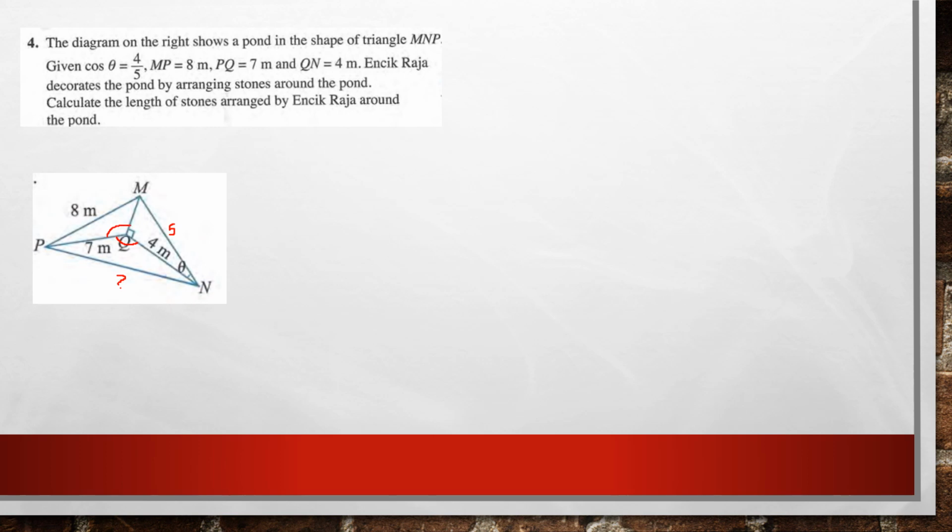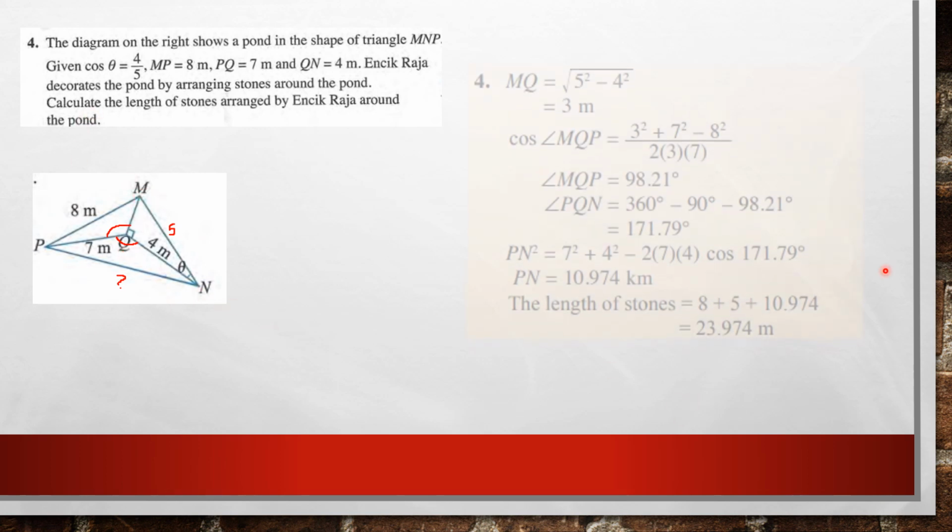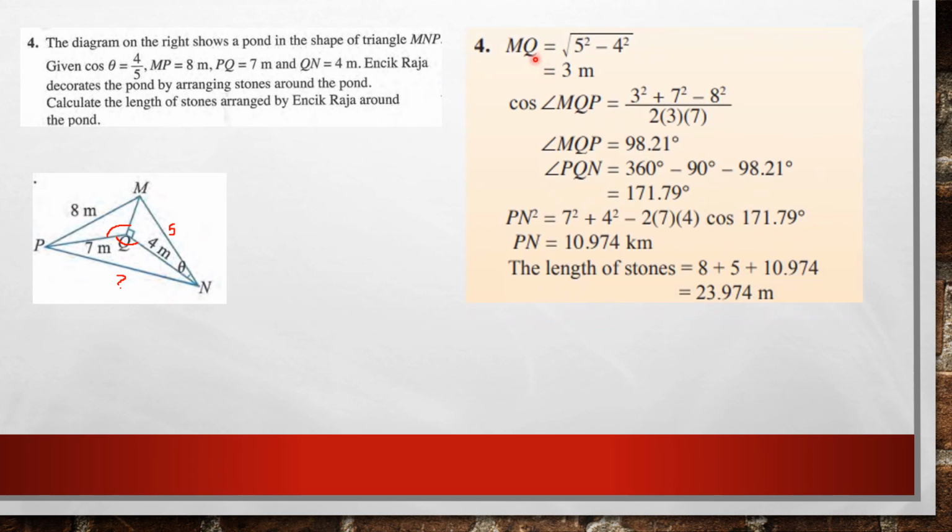You know that MQN is a right angle triangle, so you can use the Pythagoras theorem to find MQ: 5 square minus 4 square. So you get MQ is equal to 3. When you know the length of MQ, you can find the angle MQP.